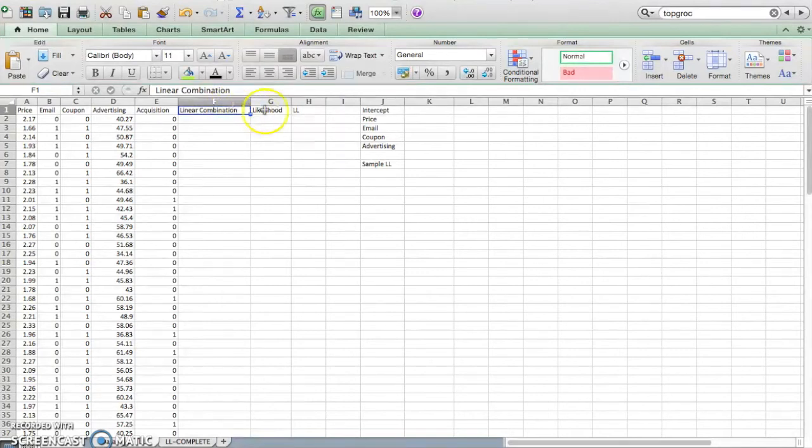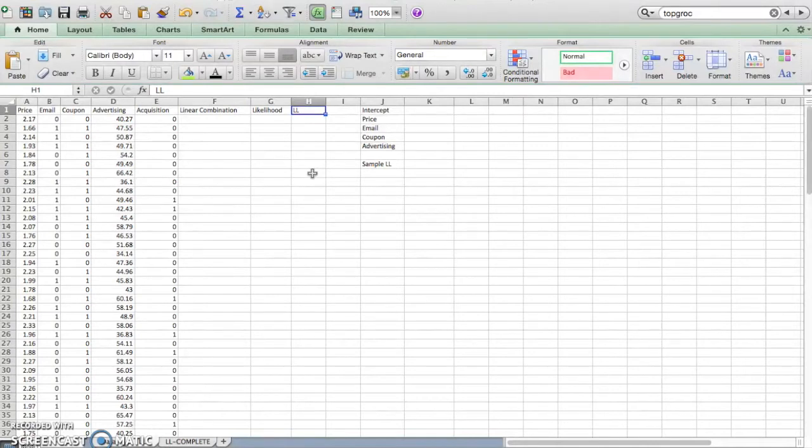This will be translated into the likelihood in column G, which will take into account whether or not the prospect became a customer. Just as a helpful trick for estimation, we're going to convert the likelihood to a log likelihood in column H. Then we will use the solver function in Excel to find values for the intercept and X variables that will maximize the probability of observing our data.